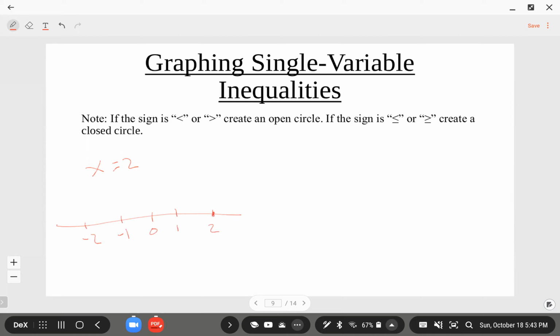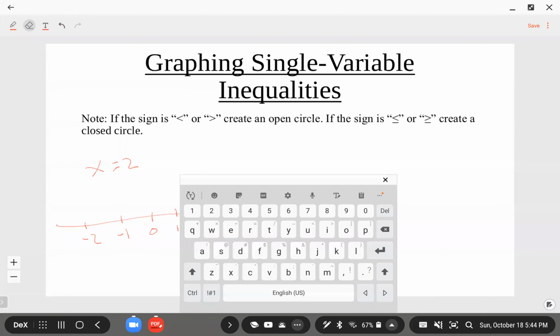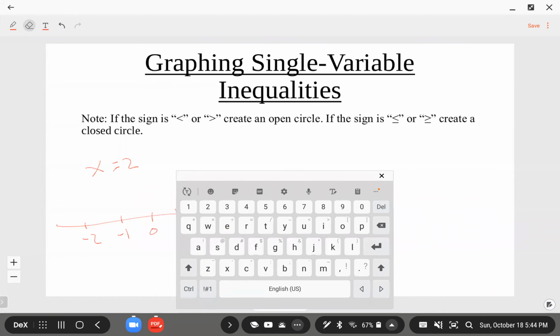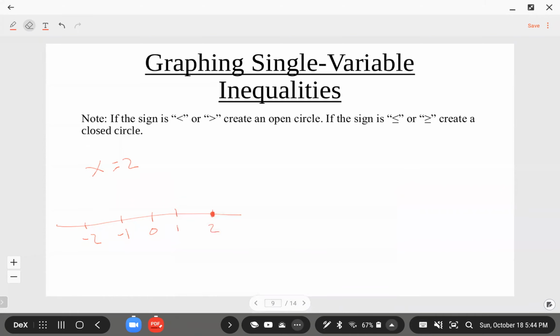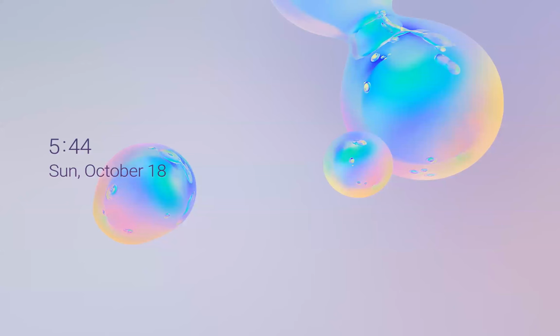It's that simple. We know that x equals 2. We just draw a point on 2. Done. We're done graphing. Now let's compare. What about single variable inequalities?